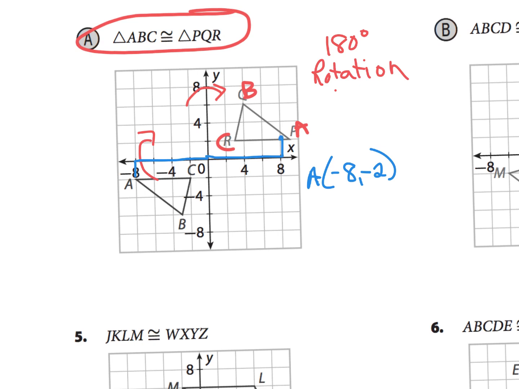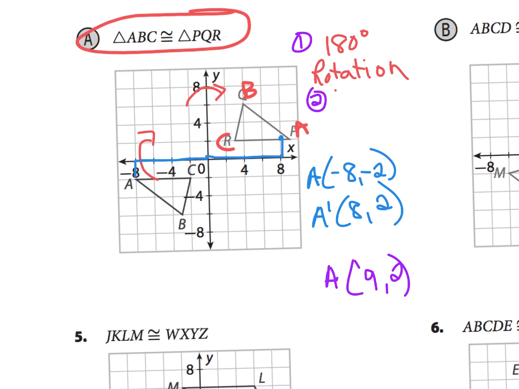So my new A, the first A, would be at 8, +2. But my final A, or P, if you will, has to be at 9, 2. So after the 180 degree rotation, that's our first thing.